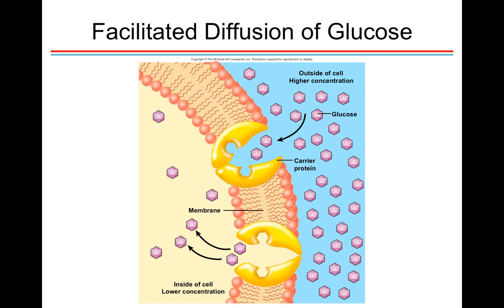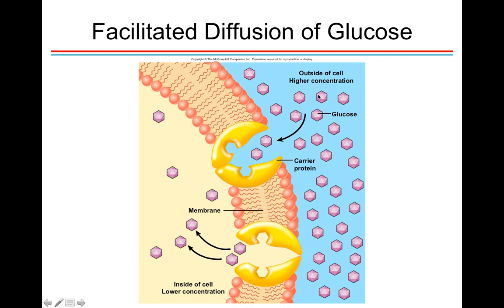So in terms of facilitated diffusion, I want to talk a little bit more about this. I had a diagram about facilitated diffusion a few minutes ago, and I just want to show you that glucose is an example of a molecule that can move with its concentration gradient, using facilitated diffusion and carrier proteins.